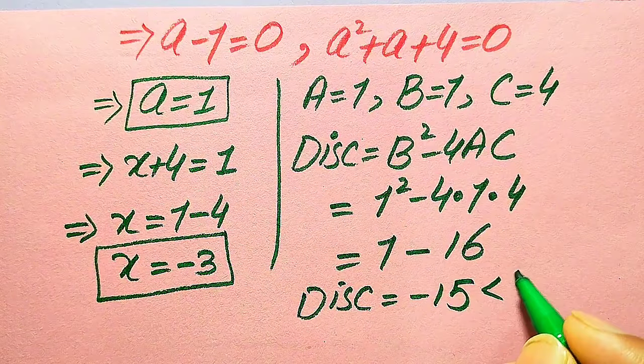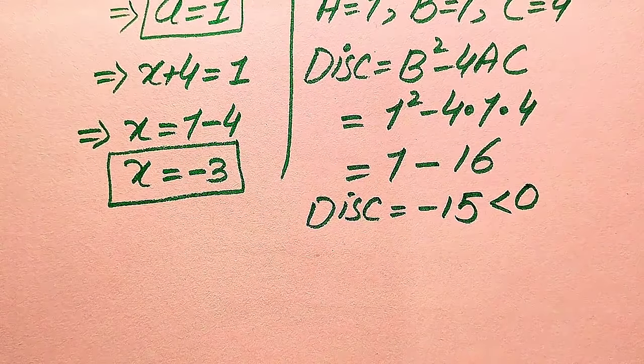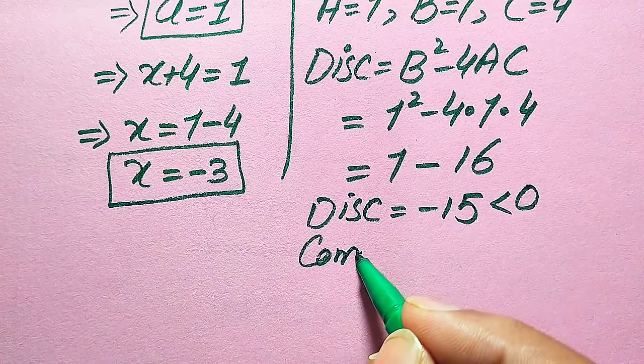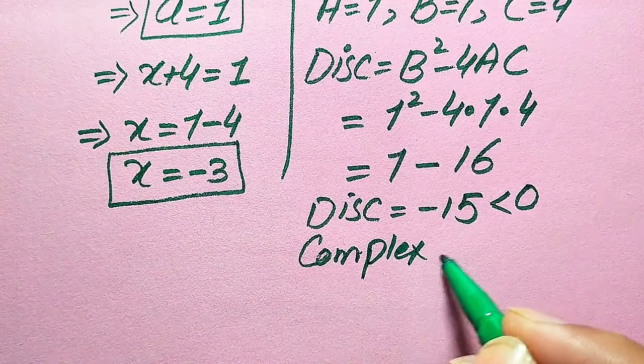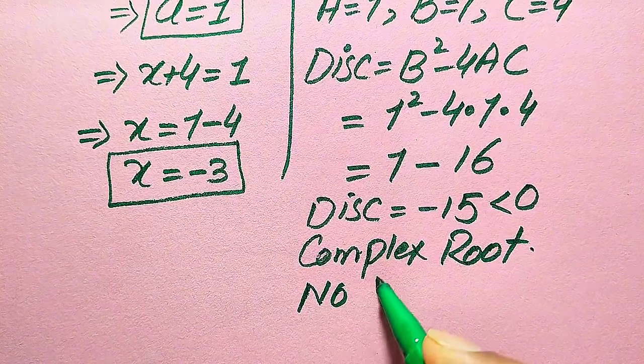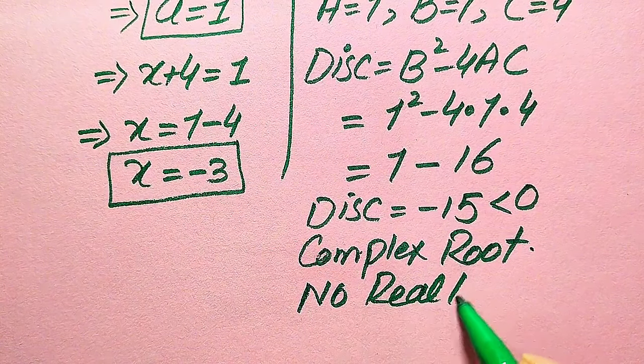You see this is less than 0. So this means that our given equation has complex roots, or in other words, it has no real root.